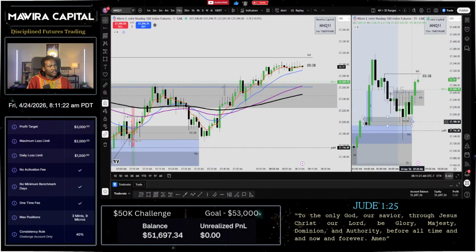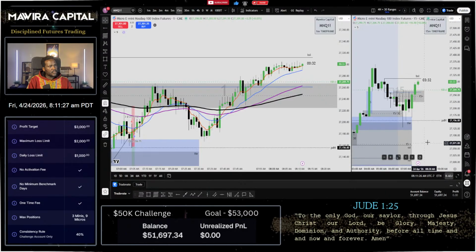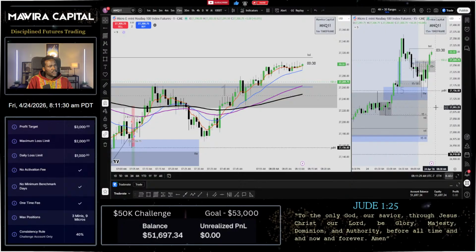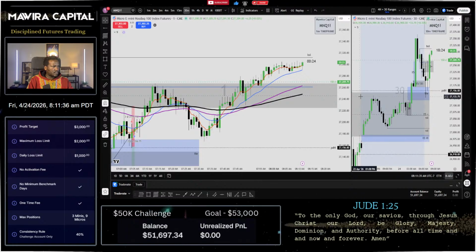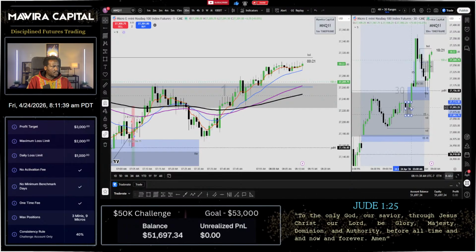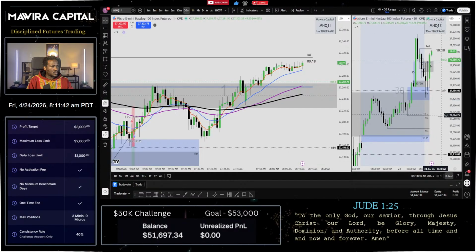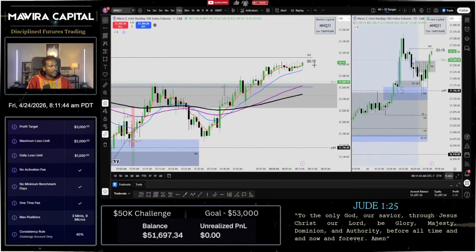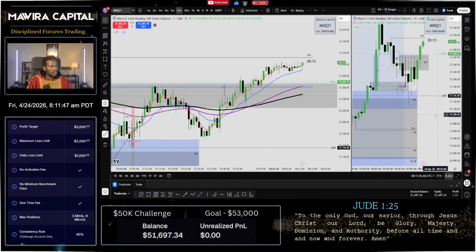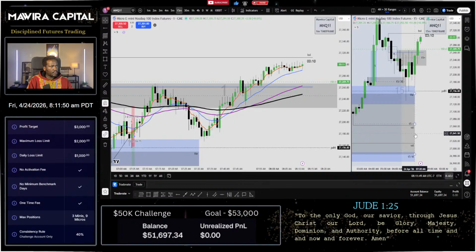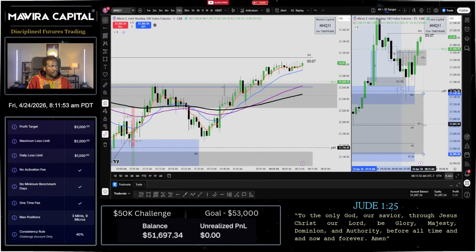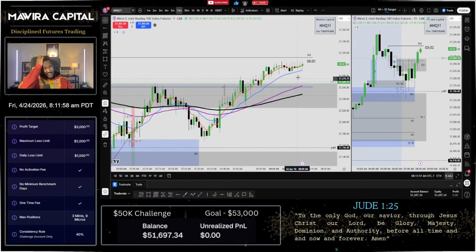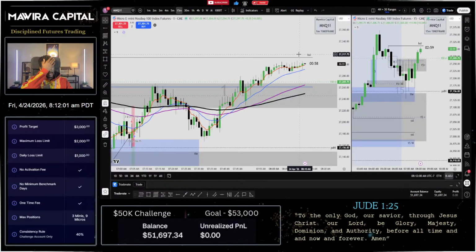This just acted as support here. I would have loved to see a retracement before we take that buy side, honestly.